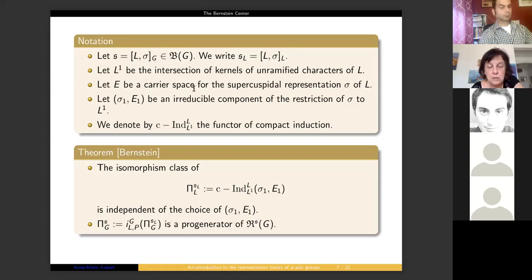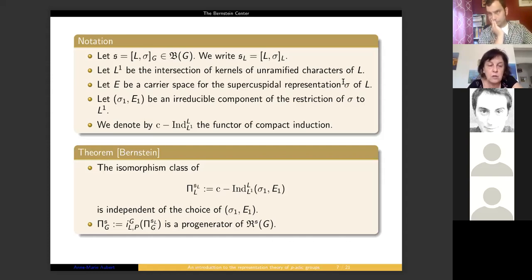So E will denote the space of the supercuspidal representation sigma of L. And of course L1 is contained in L, and you can consider the restriction of sigma to L1, and that restriction is semi-simple, but is not irreducible in general.